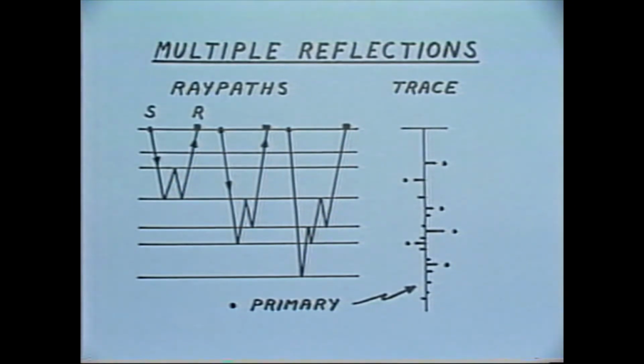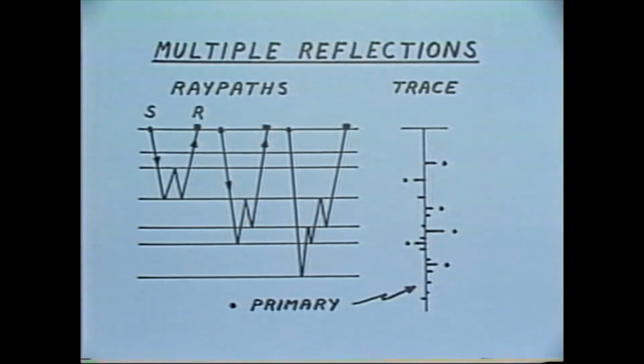And so in general, the multiple reflection amplitude is lower than the primary reflection amplitude, although it can still be relatively strong in some situations. This means that the multiple reflections are maybe not as bad as might seem at first on the seismic trace.